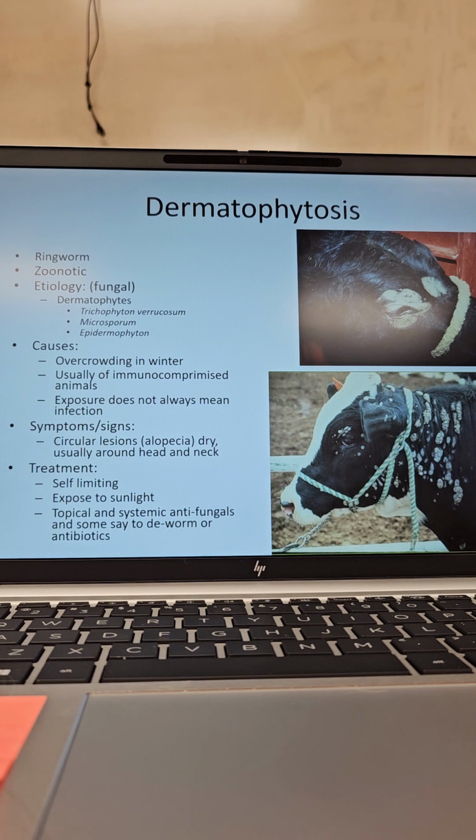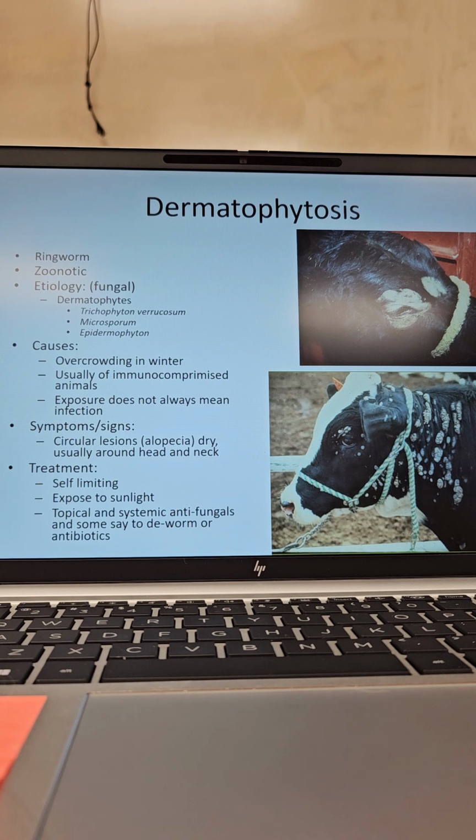Some say to deworm and do antibiotics. Remember, it's a fungus, not a worm. So deworming doesn't really do anything except if there is a parasite. If they have parasites, they can take a hit to the immune system, and that could cause them to be more susceptible to it, because parasites suck nutrients from us and make us a little bit sicker.